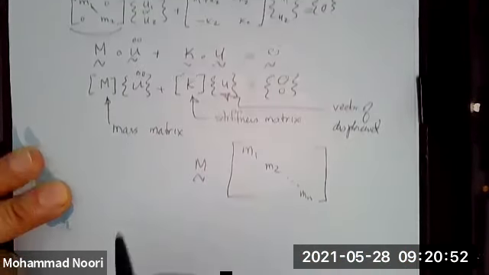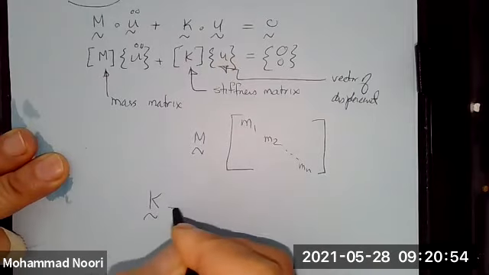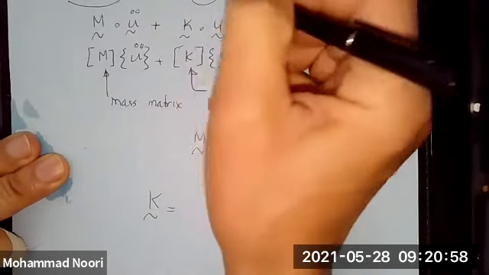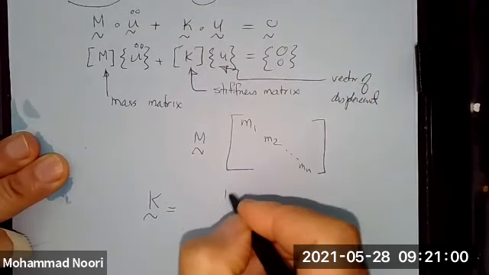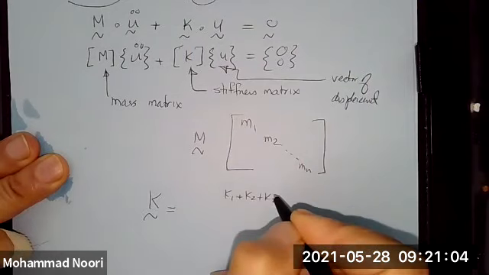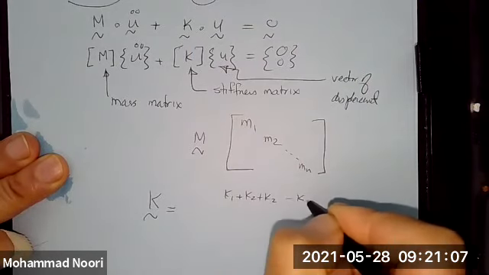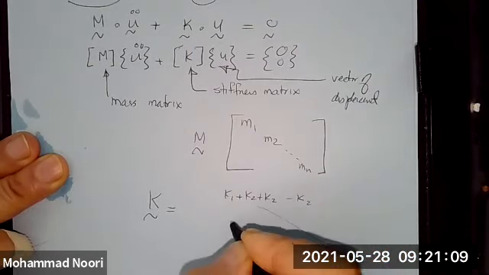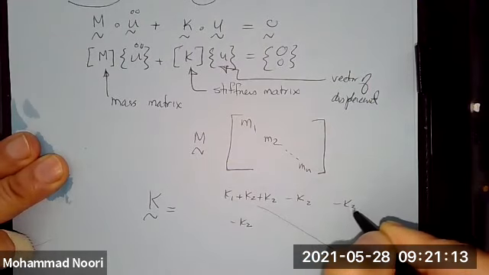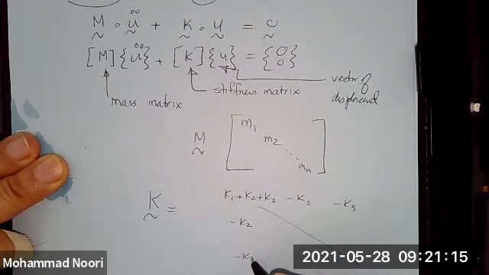And the stiffness matrix will always be, as you can see, a symmetric matrix that looks like this. Say, for instance, if you had 2, you had minus K2, minus K2, minus K3, minus K3.